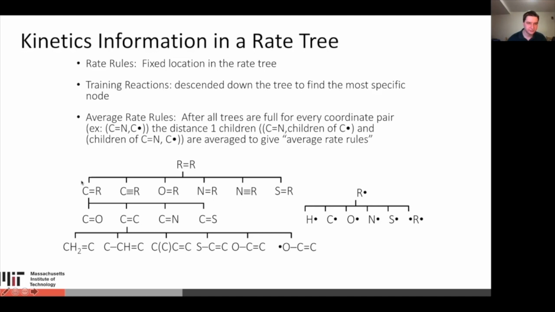So at the coordinates of this node and this node, we might look at the 1 children from that, which would be this structure, along with all of these. We would also look for averaging at stuff that is this matched with these nodes, and so on up the tree recursively.